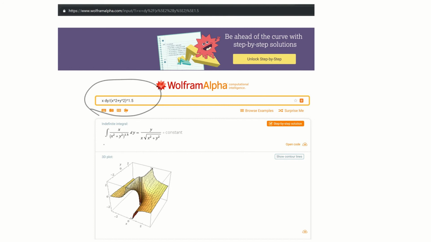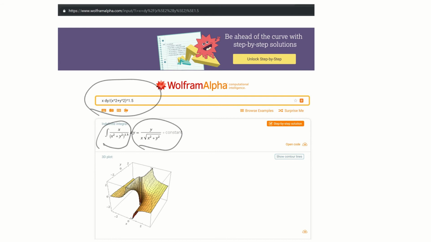It wrote it nicely right here, and it gave me an answer of y over x times the root of x squared plus y squared. So let's go ahead and work that out, with our limits too.